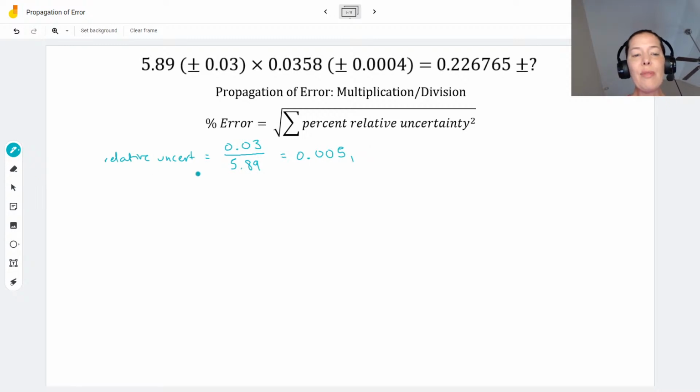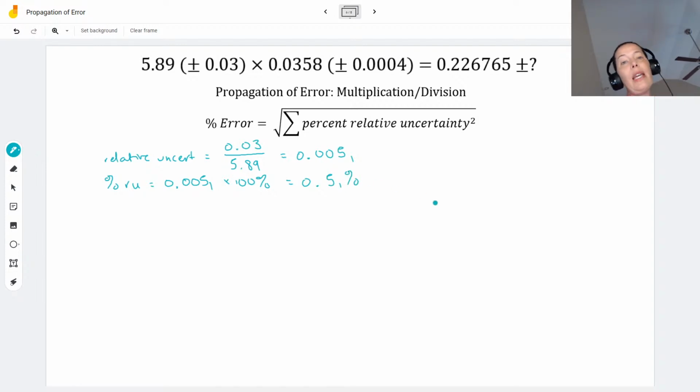Okay, so this is my relative uncertainty for my 5.89, but again, I need my percent relative uncertainty. So to get my percent, I'm just going to call this RU so I don't have to keep rewriting a lot of long words. So this is easy. I'm just going to multiply by 100%, which is just going to move the decimal, but I'm still going to keep my subscripted 1, just because I prefer to, but of course you don't have to.